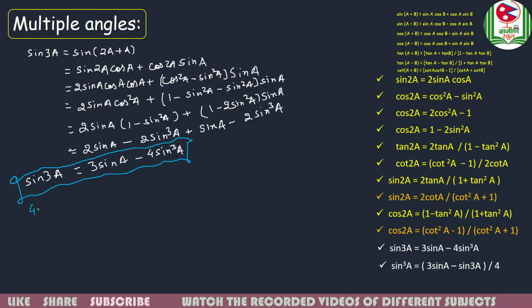So it is going to be 4 sin cube A equal to 3 sin A minus sin 3A. So sin cube A is equal to 3 sin A minus sin 3A whole divided by 4. So we have also proved this one.